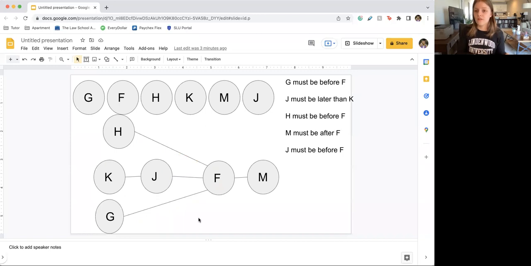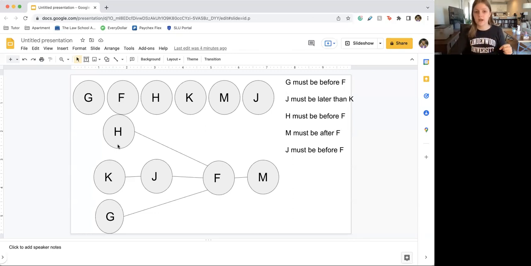It can also be really helpful if you're going to put it into an actual concrete diagram, like a 1, 2, 3, 4, 5 diagram where I order them off to the side, rather than a web diagram. So I'm going to figure out what can go first, and that's everything that doesn't have something before it.